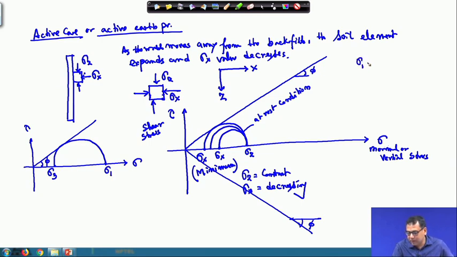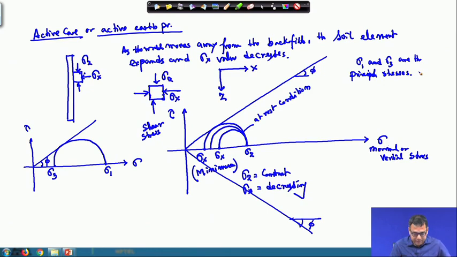Sigma 1 and sigma 3 are the principal stresses. So, these are all principal stresses.